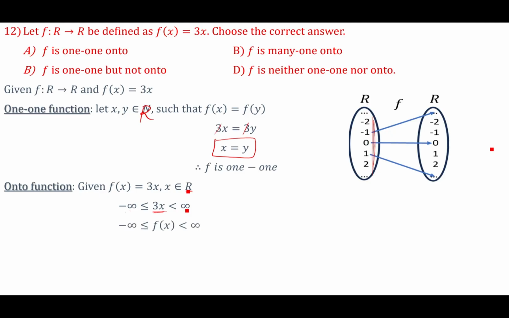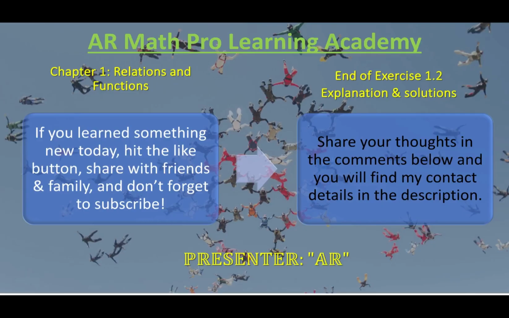So the range is all real numbers. If the range is all real numbers and the codomain is also all real numbers, that means the given function is onto. This is the end of exercise 1.2 of chapter 1, relations and functions.